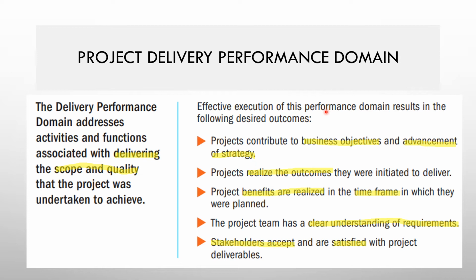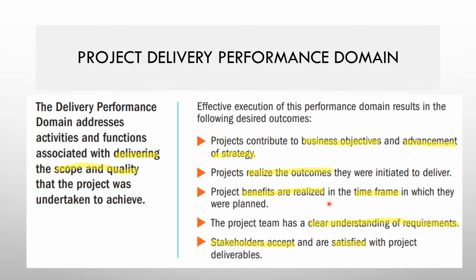It's very important that whatever business outcome is expected is satisfied, and there should be an advancement of strategy, whatever we planned. Projects should realize the outcomes they were initiated to deliver. The benefits are realized in the time frame. Within the time frame, all the business benefits are being realized or not, right? That shows your effectiveness of execution.